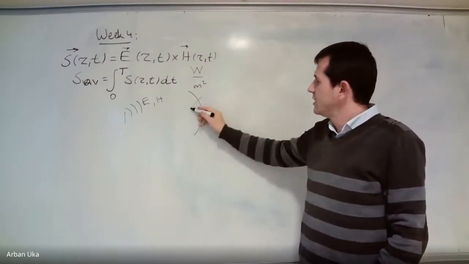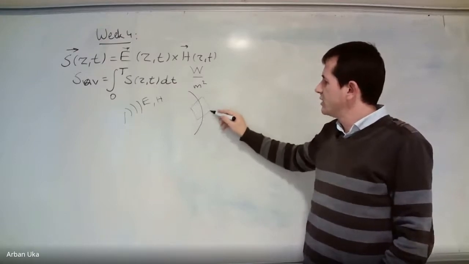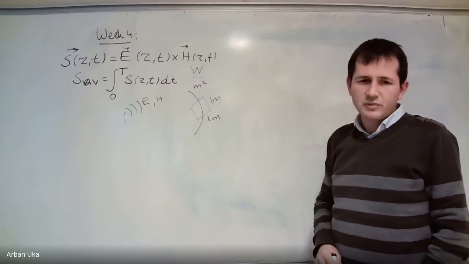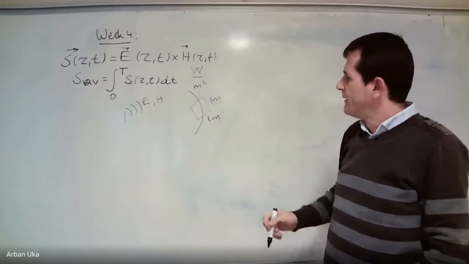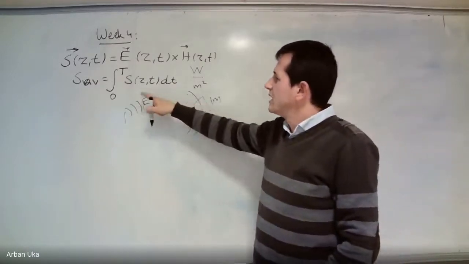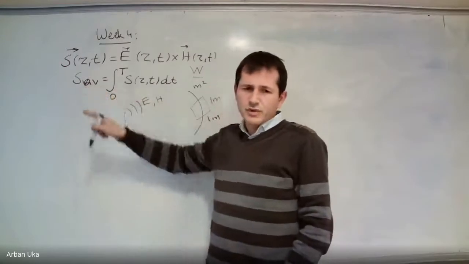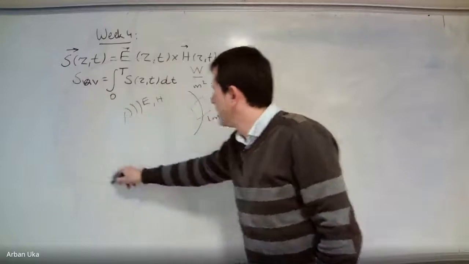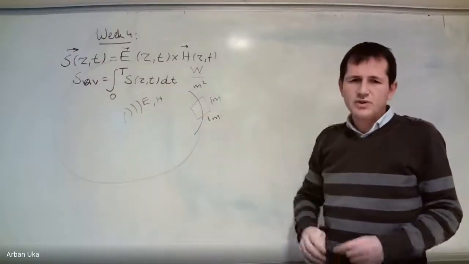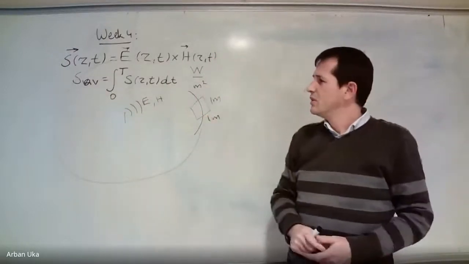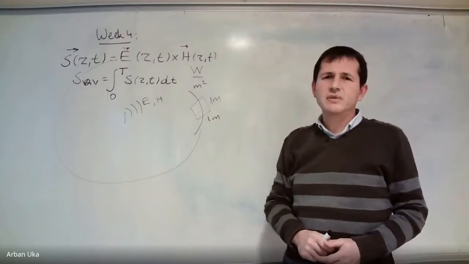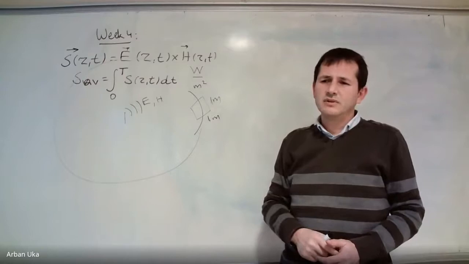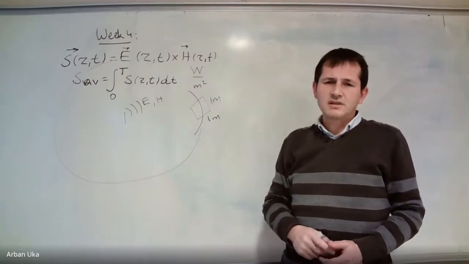We find how much power we generate over 1 meter by 1 meter, so we find power per meter square. But if we multiply this average pointing vector by 4 pi r squared, the surface area of the sphere equidistant to the source, you can find the total power emitted by an antenna or by a device, or even by the sun itself.